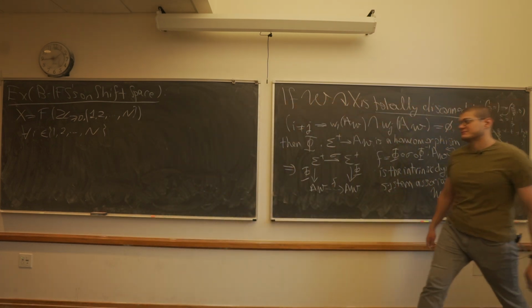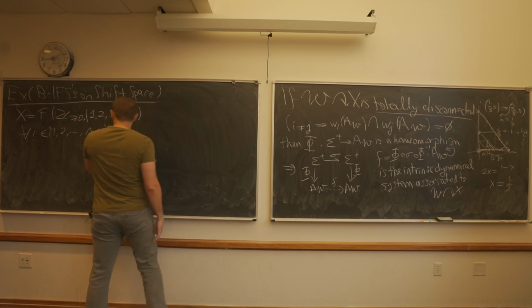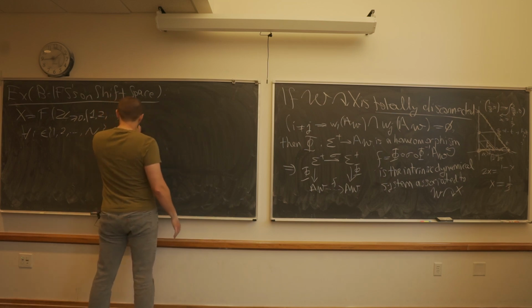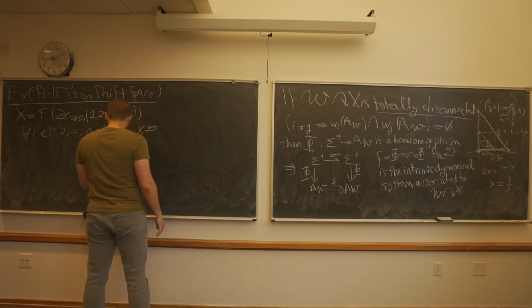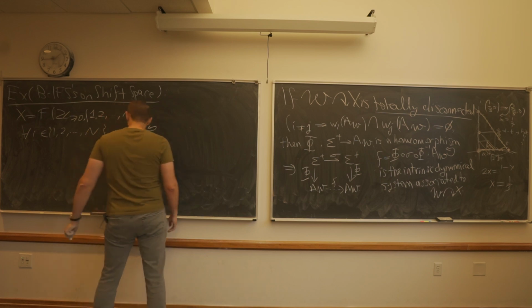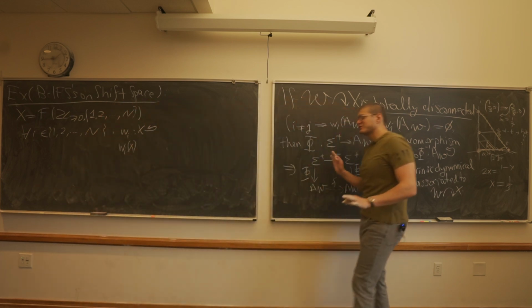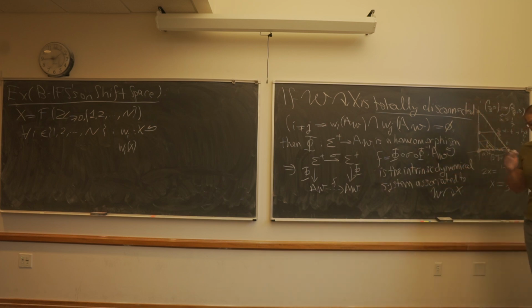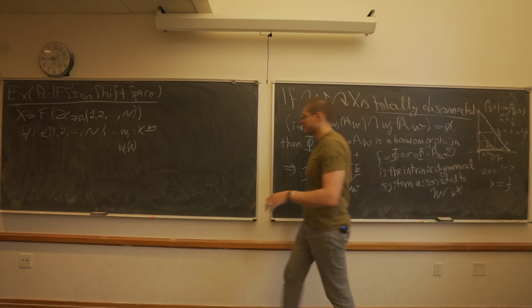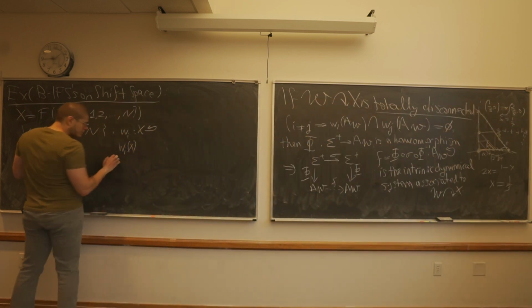It's going to be on X, the shift space still, but how does this operate? You see, even though it is a shift space, I'm still using lowercase x, just so that I have sort of different contexts here. Well, how is this going to operate? Well, it's going to do this.